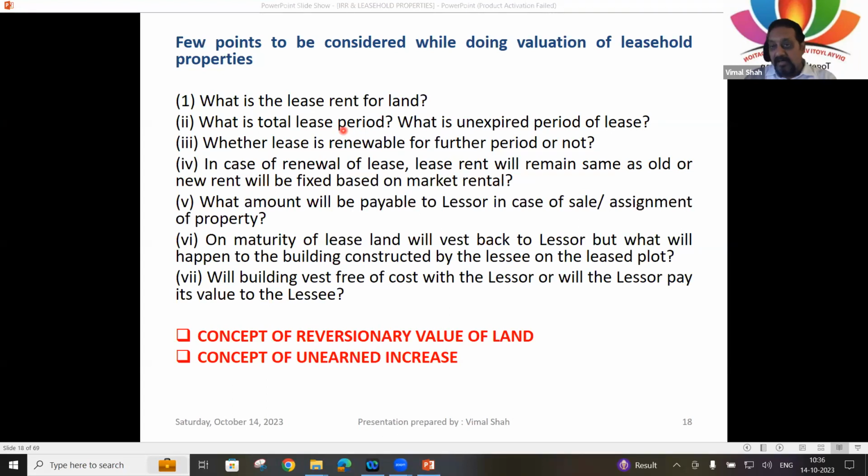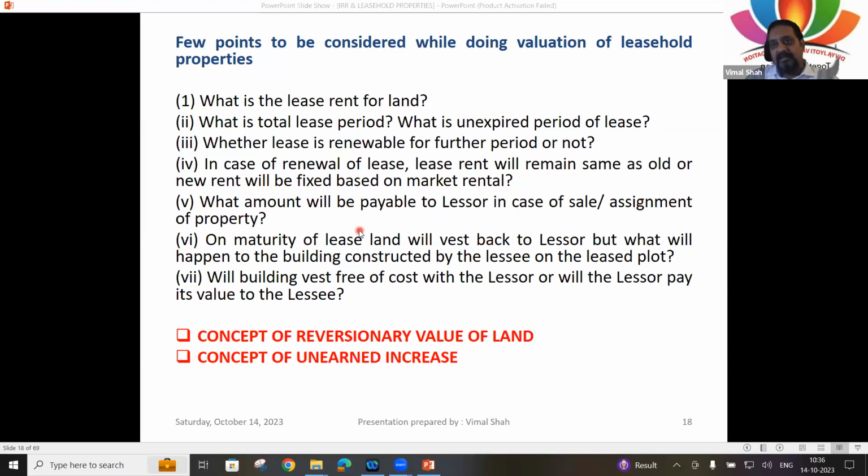Whether this lease is renewable for a further period or not. If the lease is renewable, will the lease rent remain the same as the old lease rent or will a new rent be fixed? What amount will be paid to the lessor in case of sale or assignment of the property?